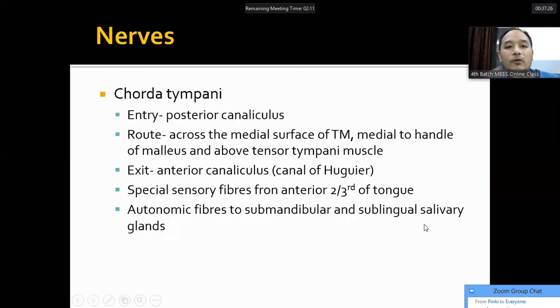Now the nerves, the chorda tympani nerve. It enters the middle ear cavity through the posterior wall; the entry point is called the posterior canaliculus.